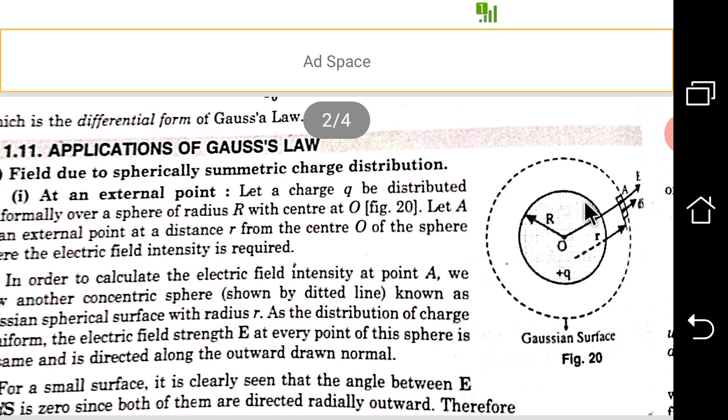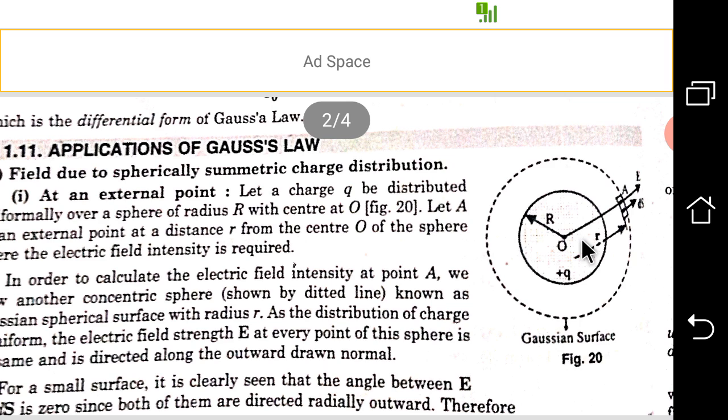Let A be the external point at a distance r. Here is the external point A. This distance from the center O is small r, where the electric field intensity is required.